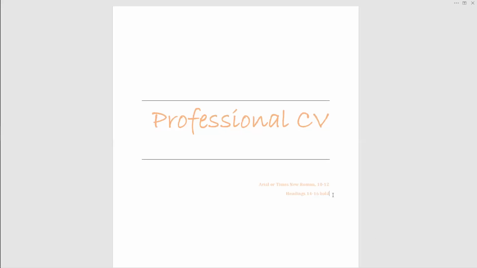Make sure you use the same format throughout your CV, and CVs, guys, are a maximum of 2 pages and not more than that. And lastly, make sure that you write your CV in third person voice and not first person voice. This is normally done with the professional profile section, the relevant skills section, as well as the achievement section.